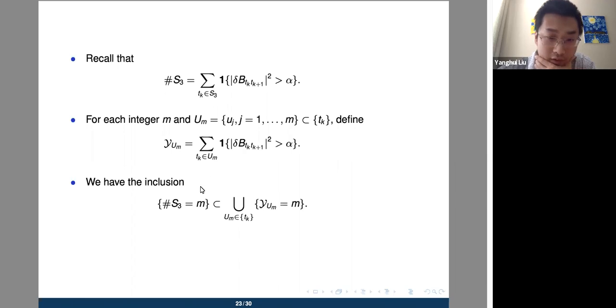Then it's easy to see that we have the following inclusion. Whenever S3 equals m, we can always find a subset such that Y_Um equals m. Remember, our goal is to estimate this event. Now we have this inclusion, so we are going to focus on Y.